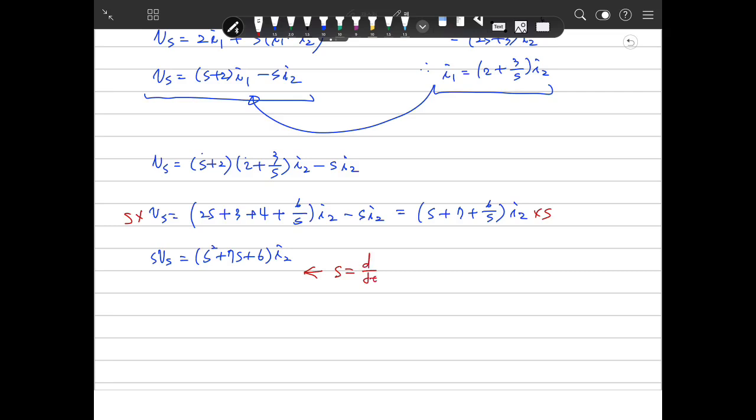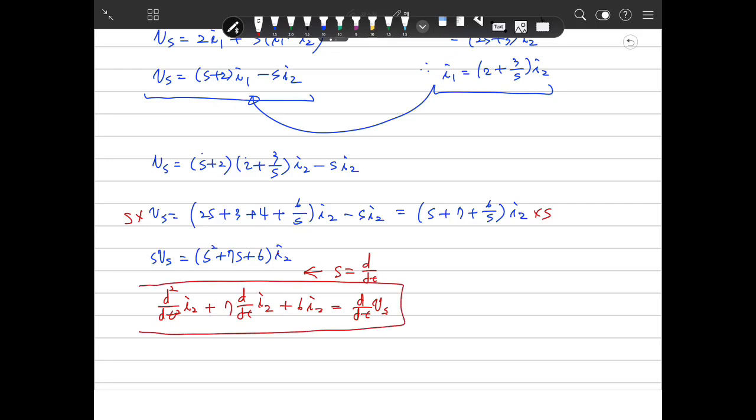S will be d/dt. Then d squared I2/dt squared plus 7 dI2/dt plus 6 I2 will be dVs/dt. So this is the second-order differential equation of I2. This is a way to get the current over here.